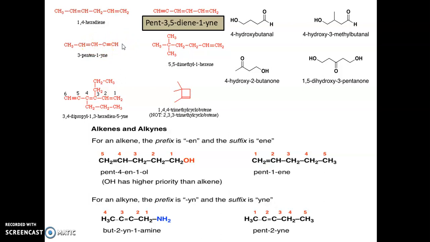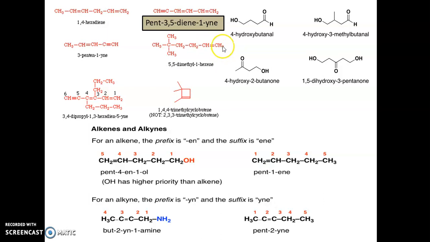Now let's move on to the next compound. CH3, C, CH3, CH3, CH2, CH2, CH double bond CH2. First of all, we have already discussed the longest carbon chain. We have to start the numbering from the right side, because the double bond is on the right side, correct.